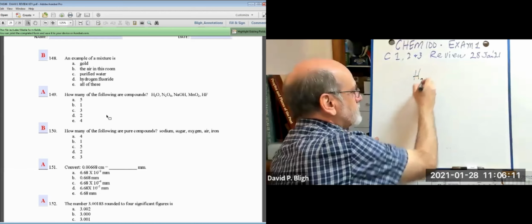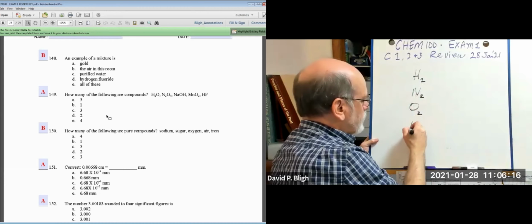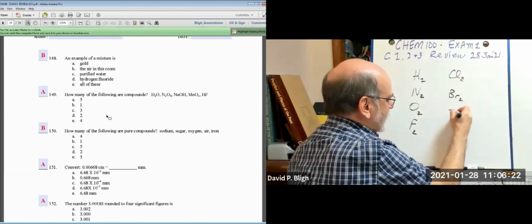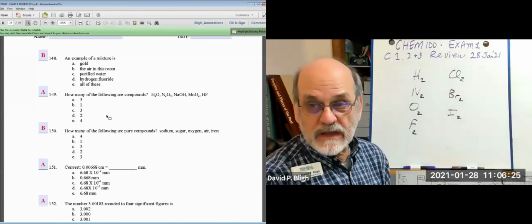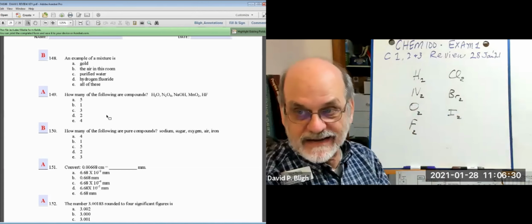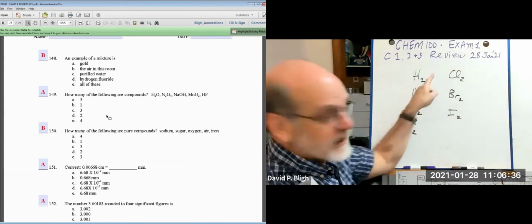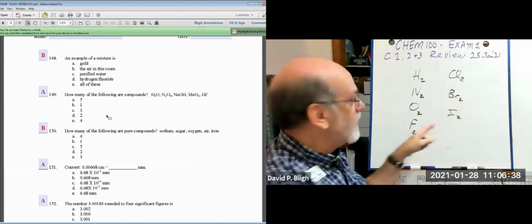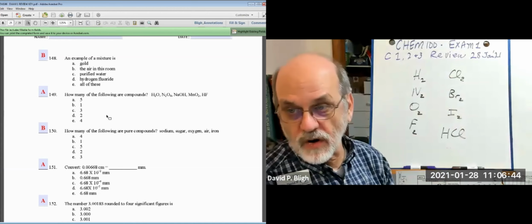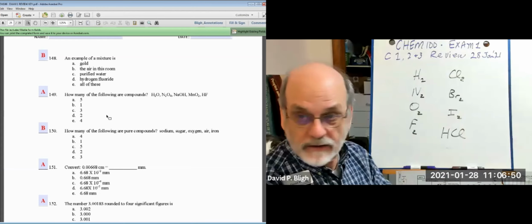And those are hydrogen, nitrogen, oxygen, fluorine, chlorine, bromine, iodine. Those would be not compounds because they're the same element, they're just tied together. Now, if we took one of these and combined it with the other one, yeah, that would be a compound. Say, put these two together. Hydrogen chloride, or if you put it in water, it's hydrochloric acid. That's a compound. It's got two different elements.